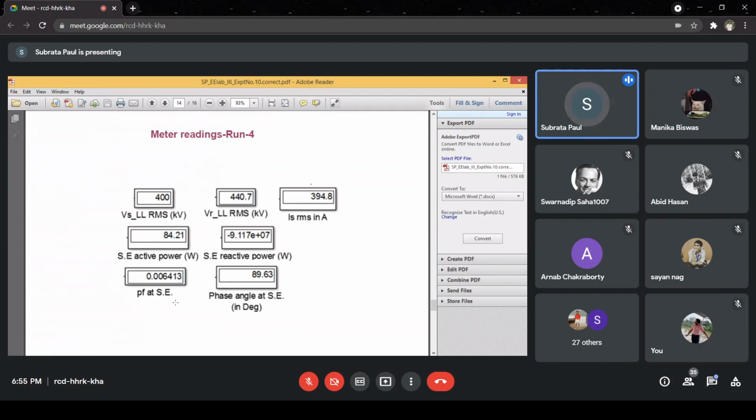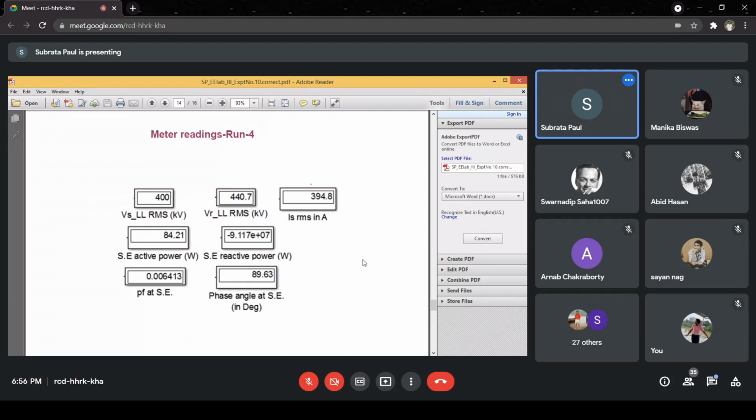Power factor at the sending end should be zero, but a very small power factor we have obtained. Why should it be zero? Because the line is drawing fully capacitive current, isn't it?